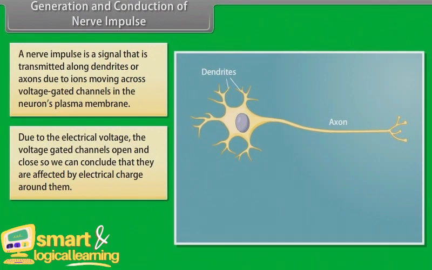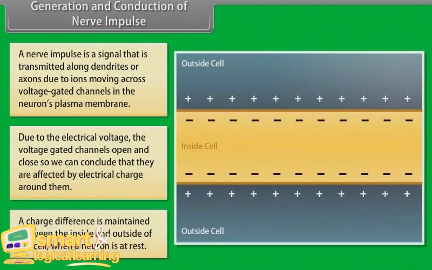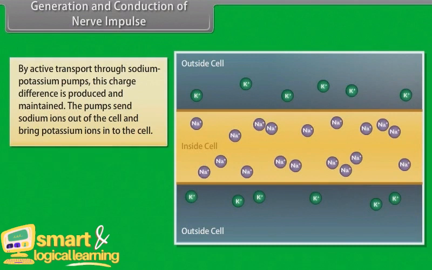electrical charge around them. A charge difference is maintained between the inside and outside of the cell when a neuron is at rest. By active transport through sodium-potassium pumps, this charge difference is produced and maintained.